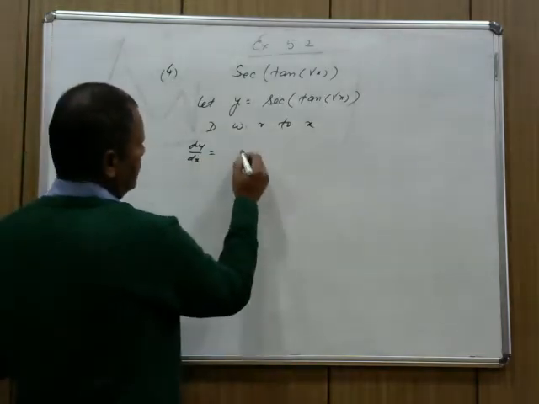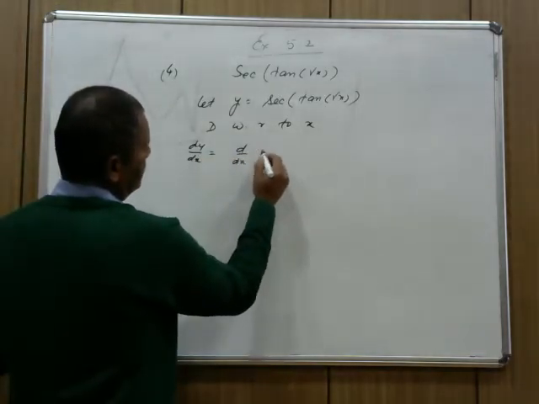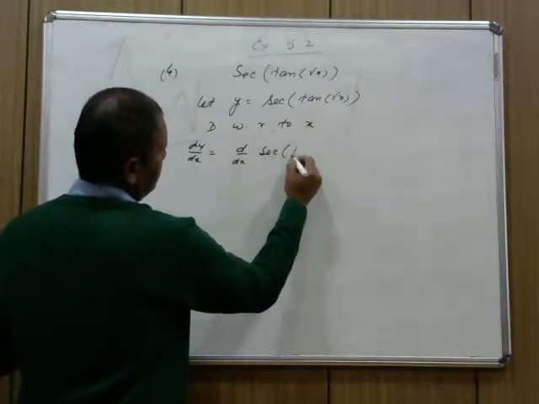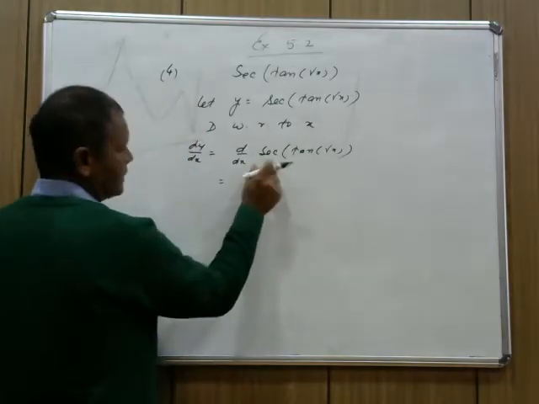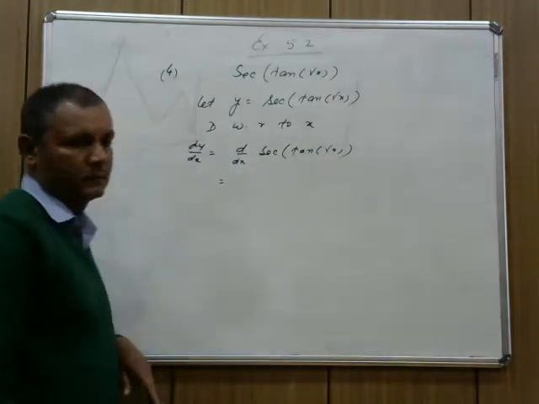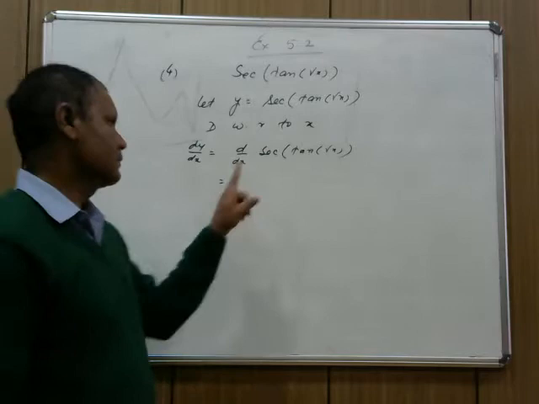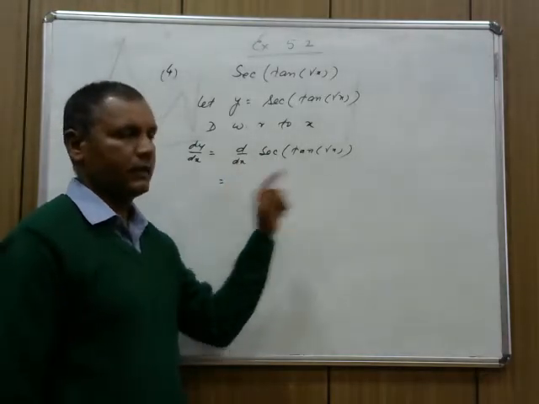dy by dx is equal to dy by dx of sec tan under root x. Differentiation of sec x is what? Sec x into tan x.